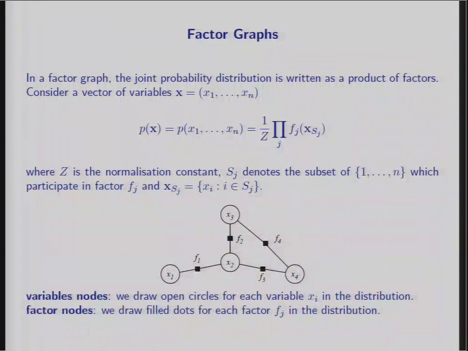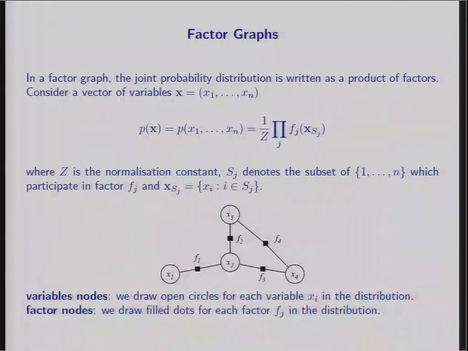In some special cases, it's been analyzed and shown to be able to converge. For example, in the Gaussian case, it's been analyzed by people like Yair Weiss. In graphs that have a single loop or a few very large loops where the influence becomes weaker and weaker, then you can show convergence of certain kinds.